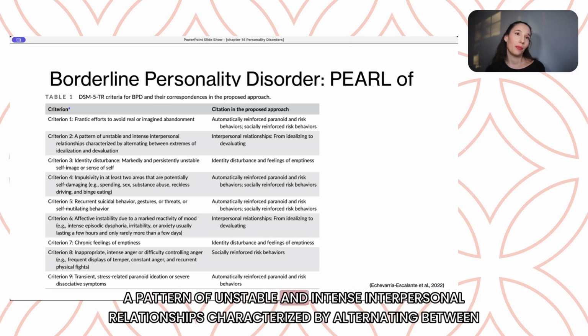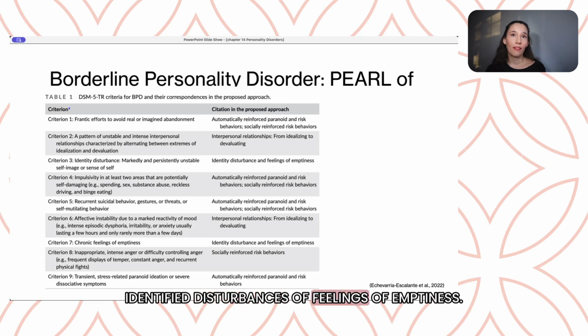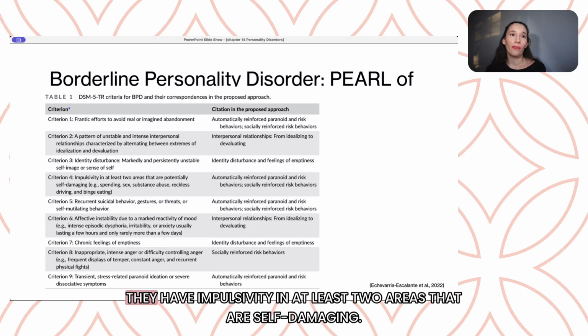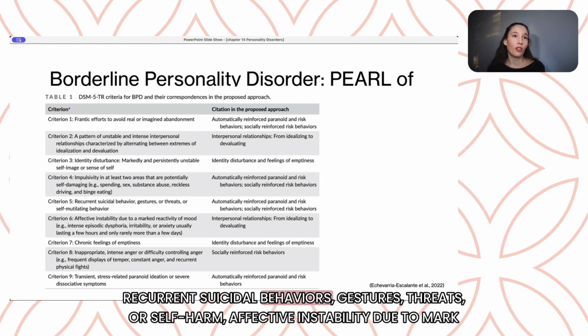A pattern of unstable and intense interpersonal relationships characterized by alternating between extremes of idolizing and devaluing, identity disturbances, feelings of emptiness. They have an unstable self-image or sense of self. They have impulsivity in at least two areas that are self-damaging. So this could be spending, sexual relationships, substance use, reckless driving, binge eating, recurrent suicidal behaviors, gestures, threats, or self-harm.